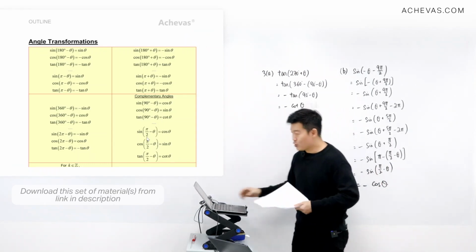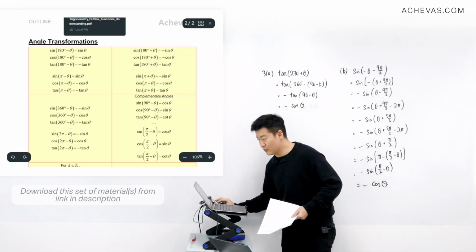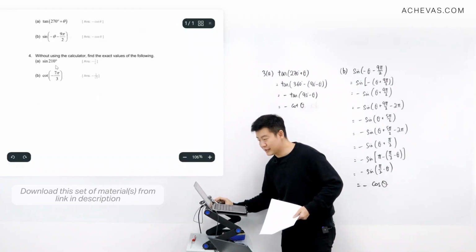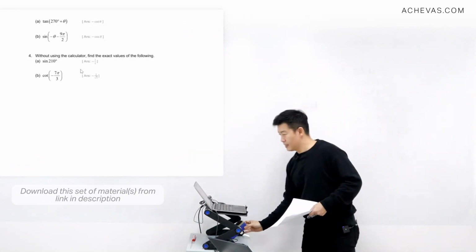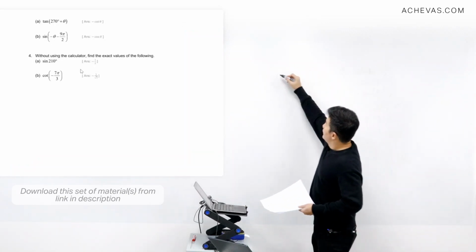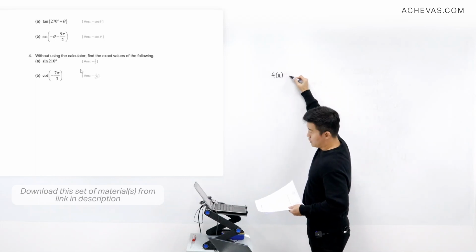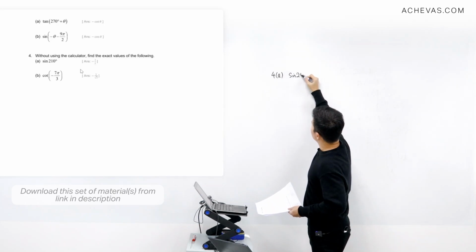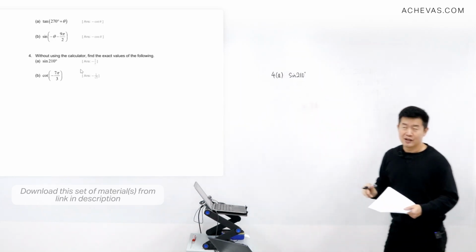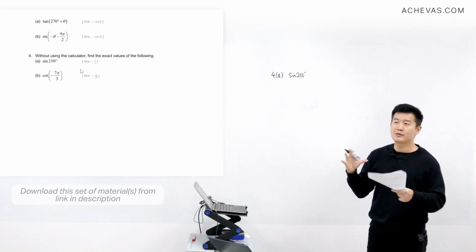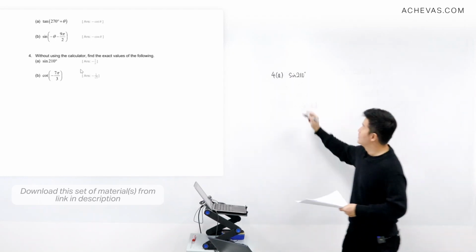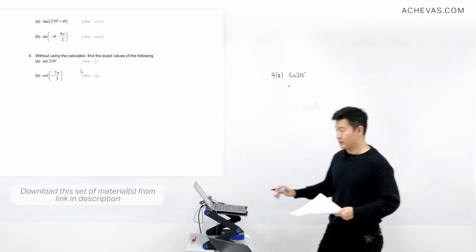And there's still some more questions that I want to try together with you. Let's take a look at how about this, 4a. In 4a, we are looking at trying to calculate sine 210 degrees. So we need to be a bit creative here and think about how 210 degrees can be split up so that I can do an angle transformation.